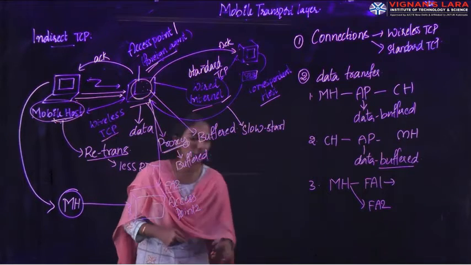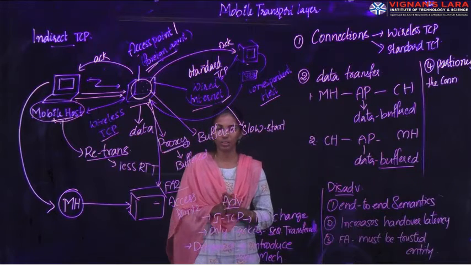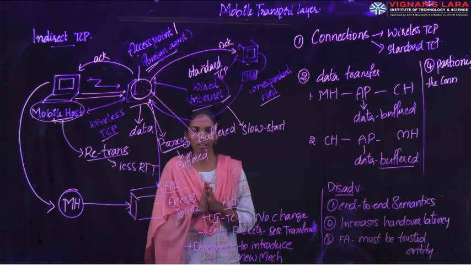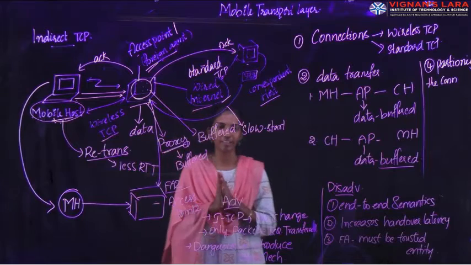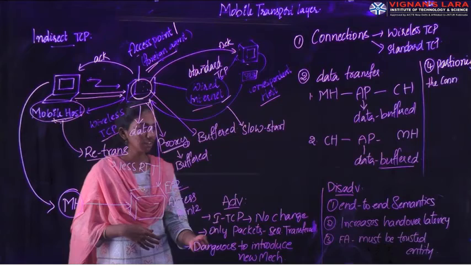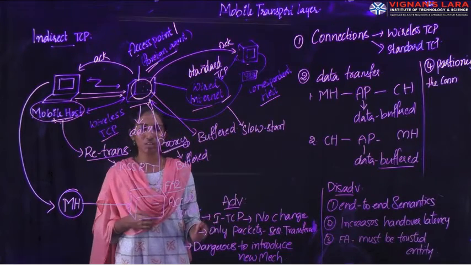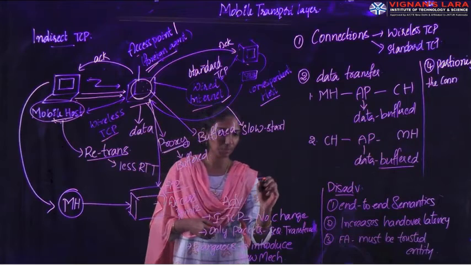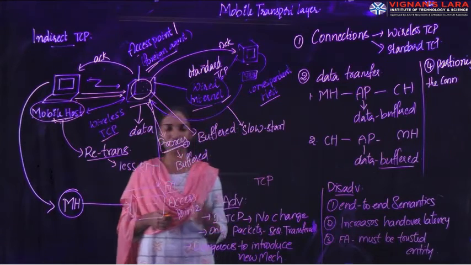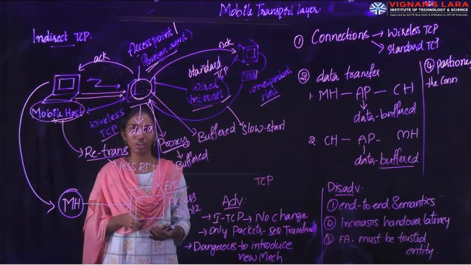Next, coming to the advantages and disadvantages. What are the advantages and disadvantages of ITCP? The main advantage of ITCP is that there is no change in standard TCP. Why? Because in standard TCP we have certain mechanisms like slow start, fast recovery or retransmit. These are all congestion control mechanisms.